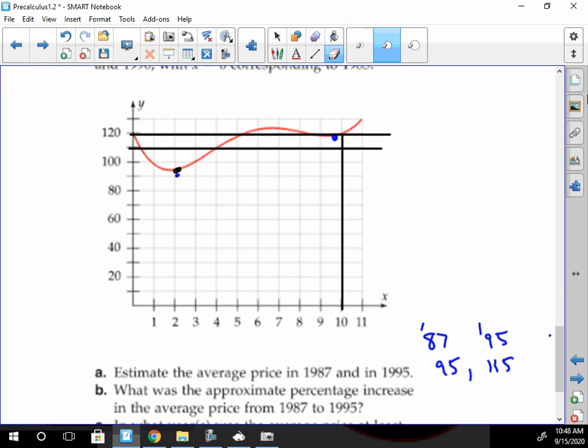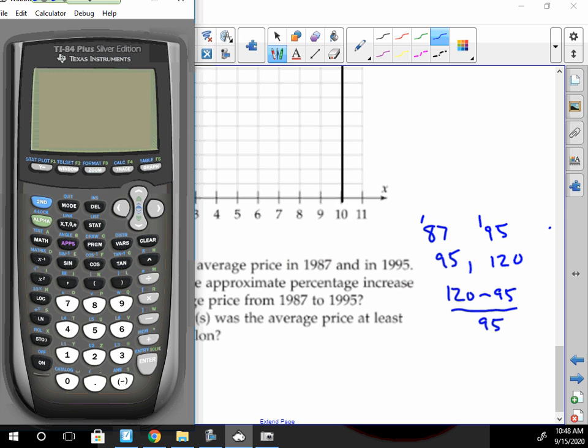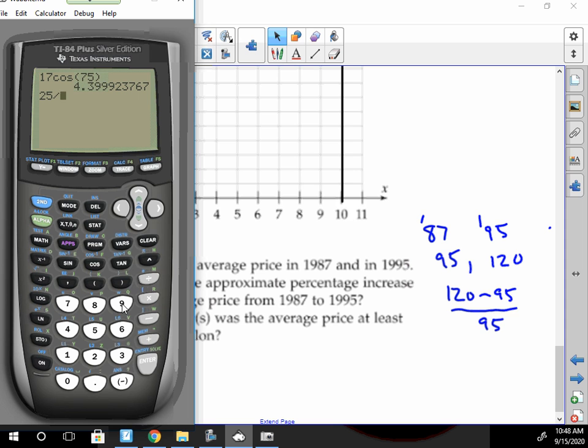Yeah, it's going to be like 120. $120 minus 95, which will give you 25, divided by the original, which was 95. So if we do 25 divided by 95, it gives you about 0.26 or 26%.